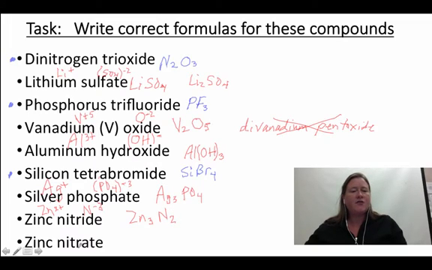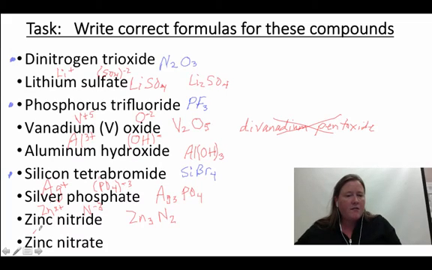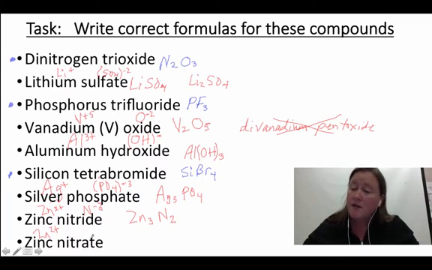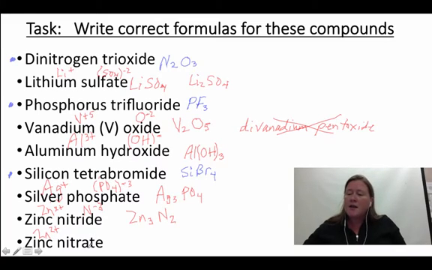Now we have zinc nitrate. Again, Zn with a +2 charge. Nitrate. If I look on my polyatomic ion chart, I see that nitrate is NO3.